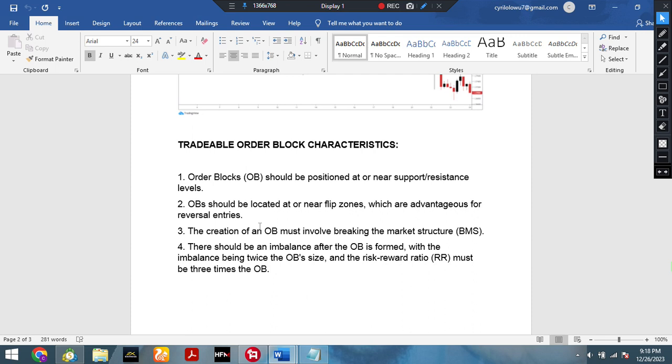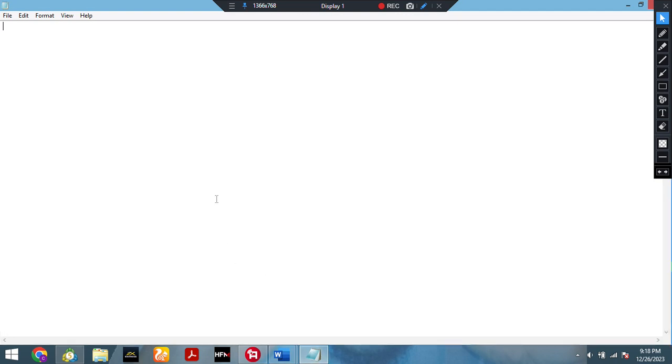Yes, because your 4 hour may be at an area of interest like this. You have BOS, right? This is our area of interest. Then the next thing, when price comes here, we want to shoot and execute our trade at this point, right? Fine.